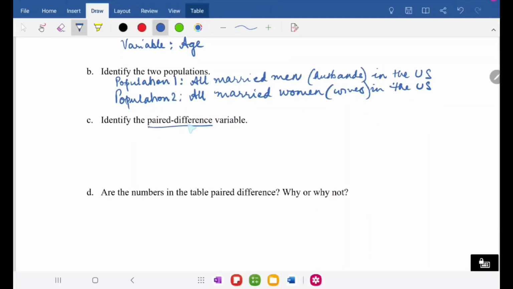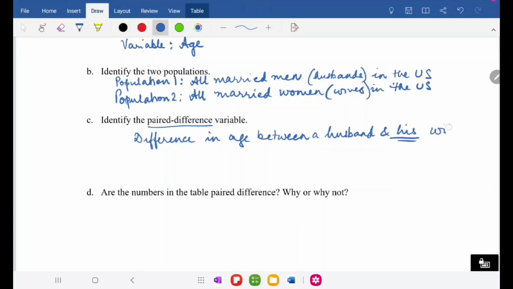The paired difference is going to be the difference in age between a husband and his wife. So we have to keep them separate and identify them as pairs. Husband A has to be aligned with his wife because we are comparing their age difference.